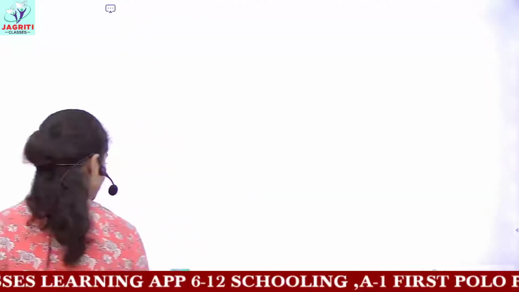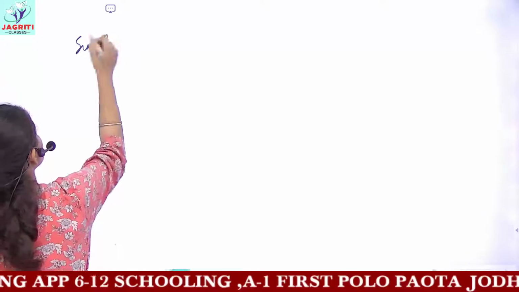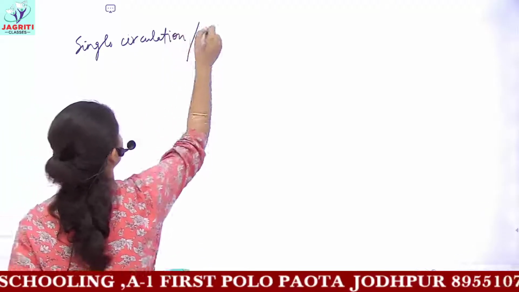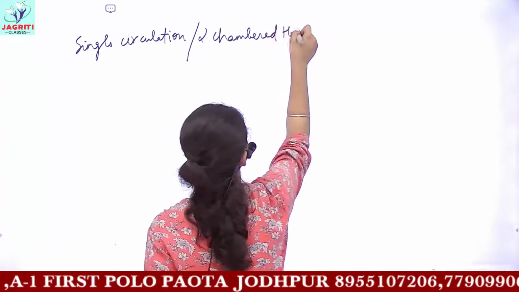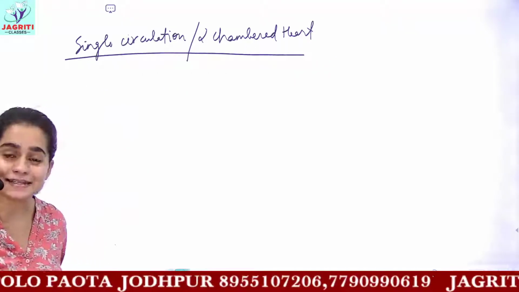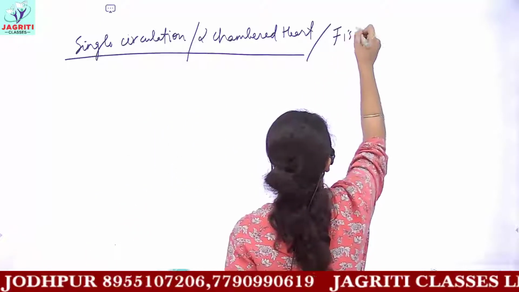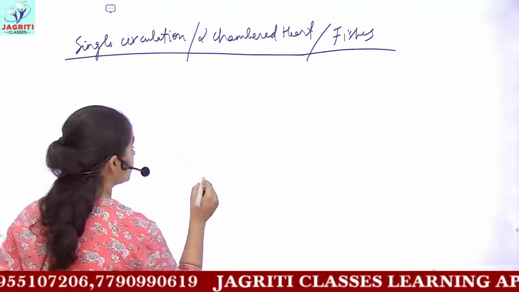Talking in detail, as given in your book, single circulation and a two-chambered heart are present in fishes. So if you talk about the mechanism found in fishes and other simple aquatic organisms, what do you have?